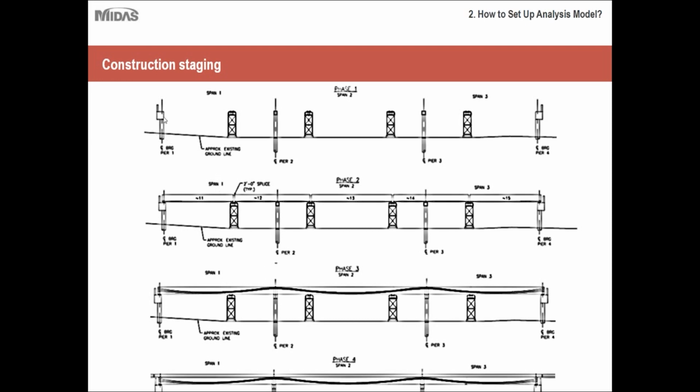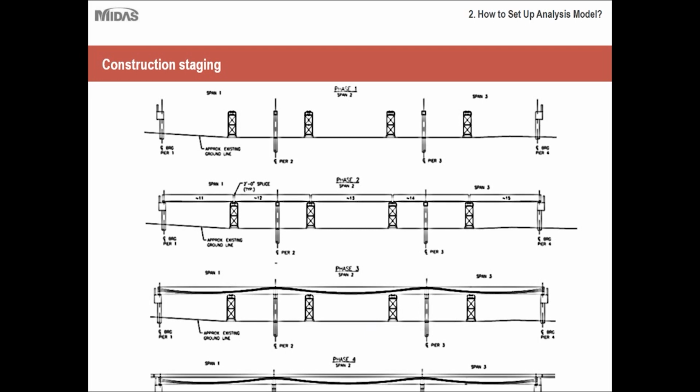First stage, you should have your abutments, pier, or interior supports, and the shorings in place. Then you place your segments 1, 2, 3, 4, 5 like this, and then you place the splice member and do the post tensioning, and then remove the formwork, which is a standard practice.